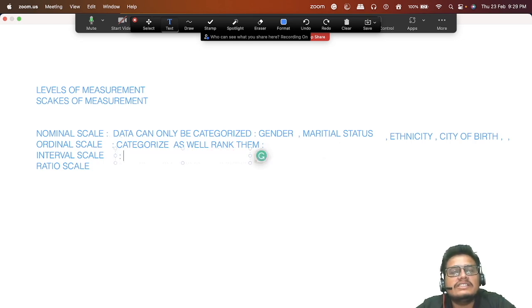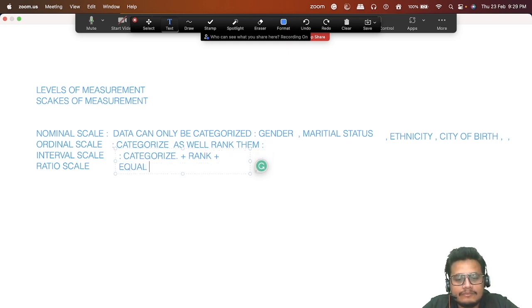Now in the interval scale you can categorize, plus you can rank, and plus you can infer equal intervals between neighboring data points. Example, temperature, like temperature 20 से 25, 25 से 30, 30 से 35 and so on. So we can categorize plus rank plus equal intervals.